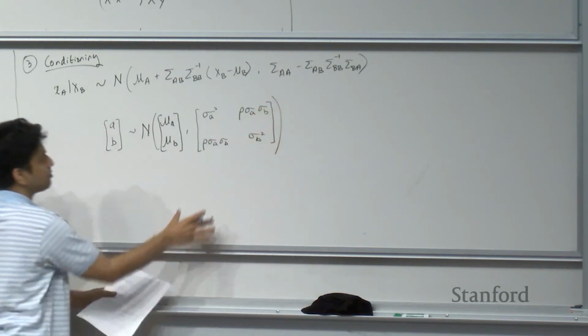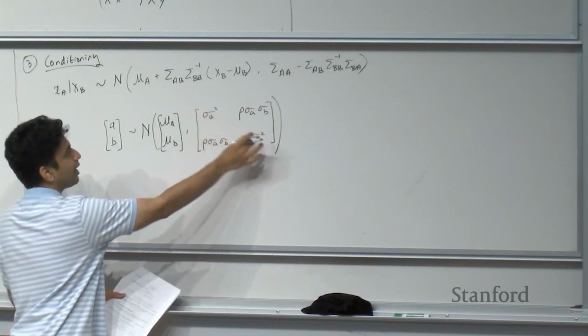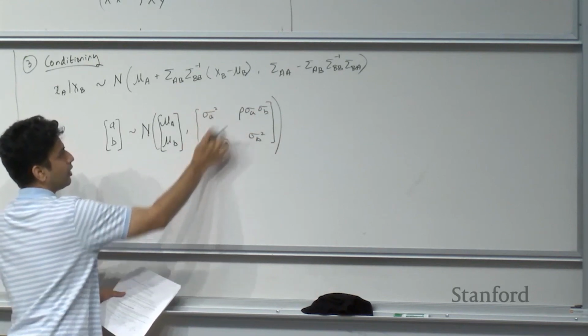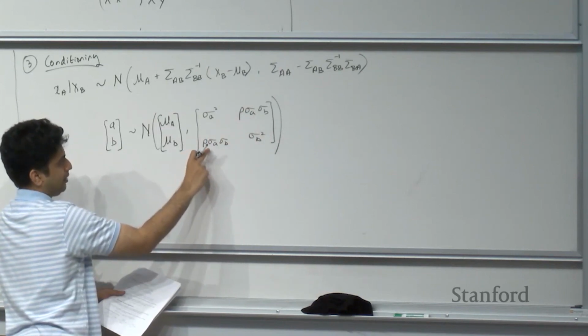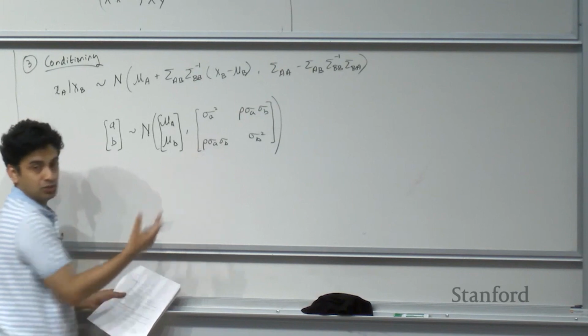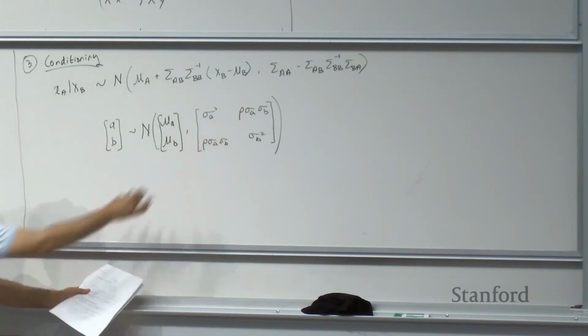Right? Any covariance matrix can be represented as this. Take the diagonals, take the square roots, and you can write the covariance terms as the correlation coefficient times the standard deviations of the two. That's just the definition of covariance.